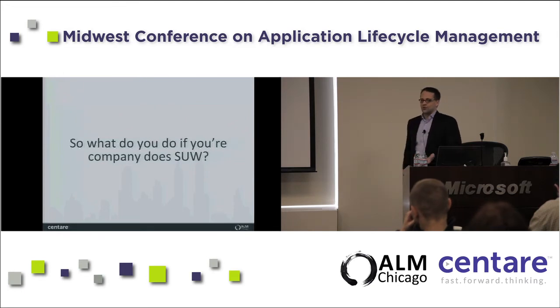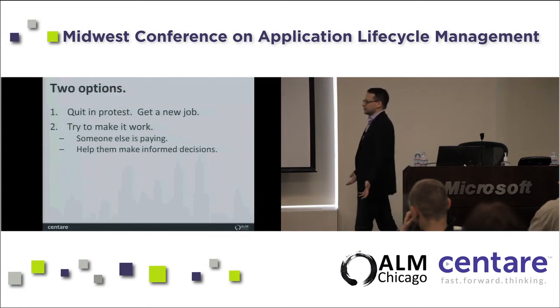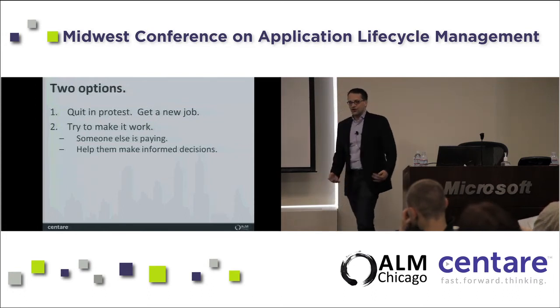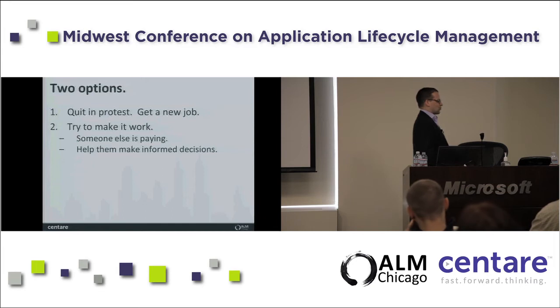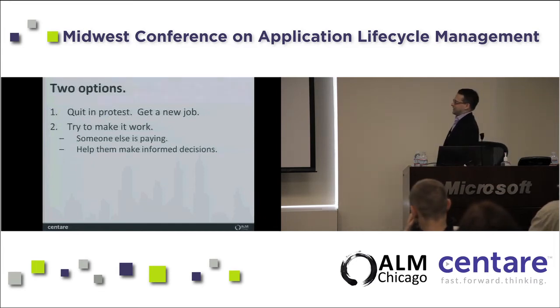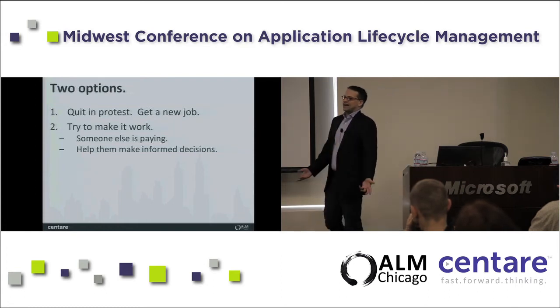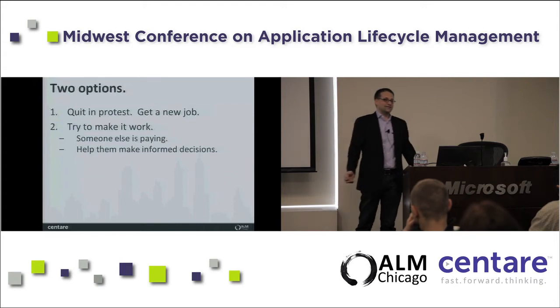So if you're in a Scrum under Waterfall organization, option number one, quit and protest and get a new job at some place that's all Agile, or recognize that people are paying you to work, and if they want to do some combination of Waterfall and Agile, you kind of have to go with it or leave.